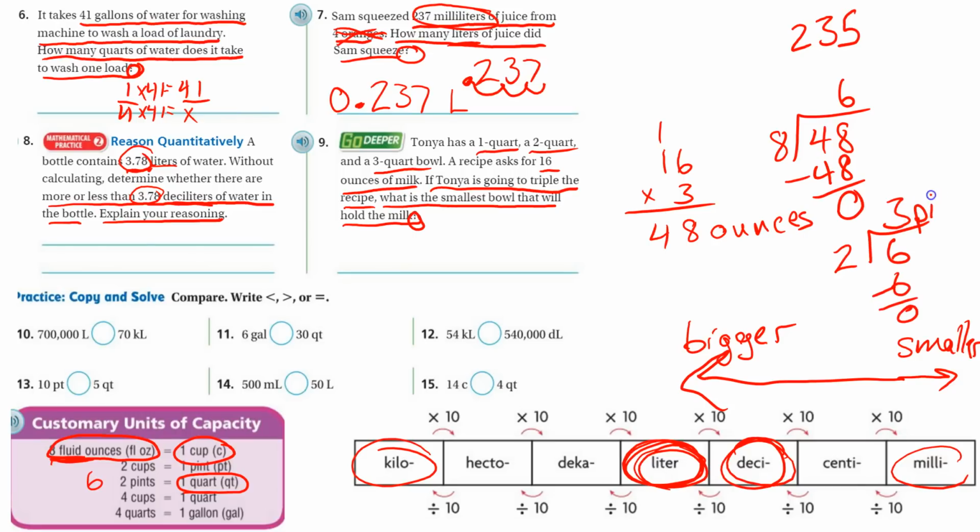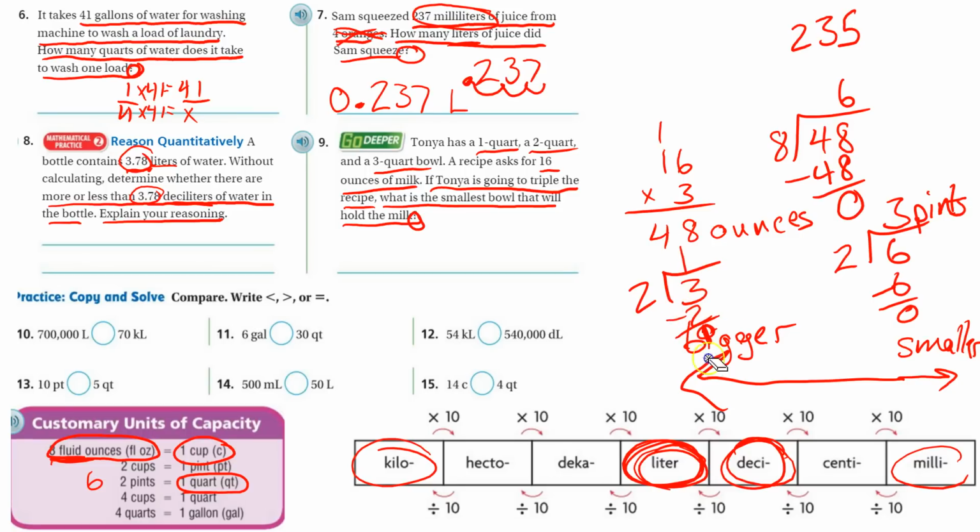So now we're at pints. And then 2 pints equals 1 quart. So we have 3 pints divided by 2 pints, and that gives us 1.